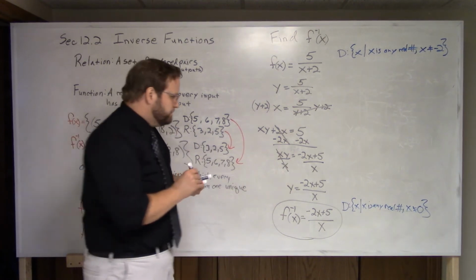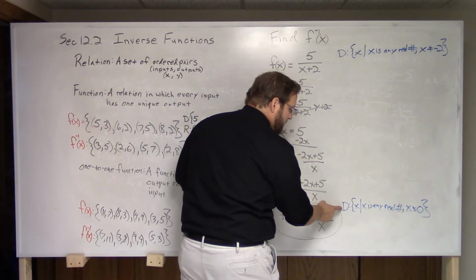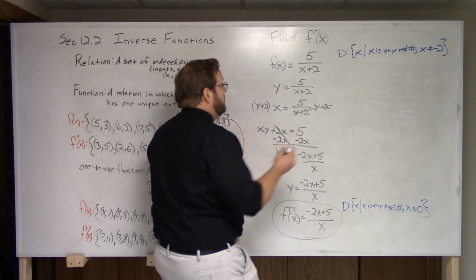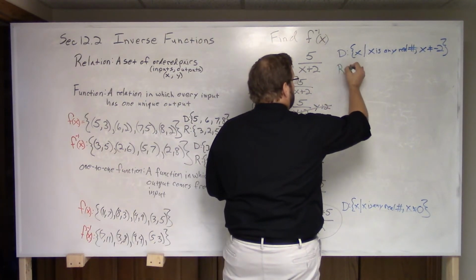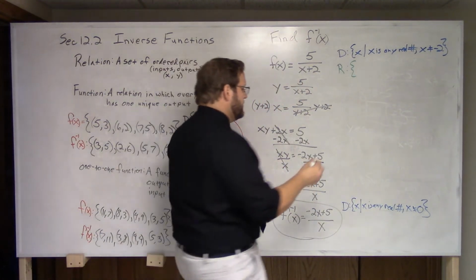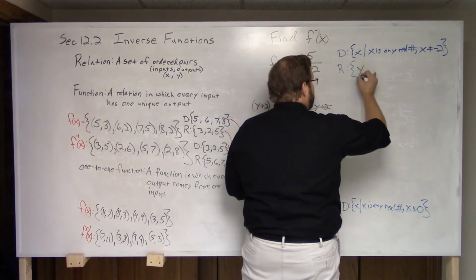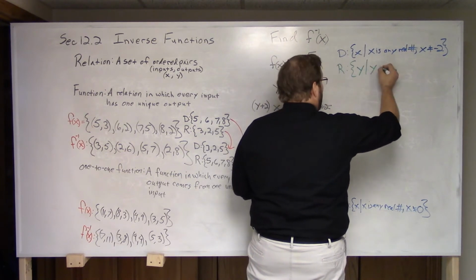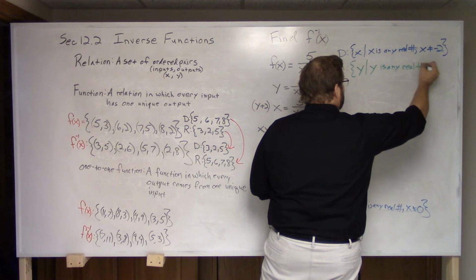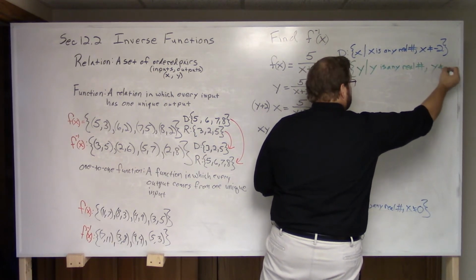But now, if the domain of the inverse is this, then the range of the original one is the same thing. We have to tweak it a little bit. Watch what I mean. I'm talking about y values such that y is any real number, but y is not equal to 0.